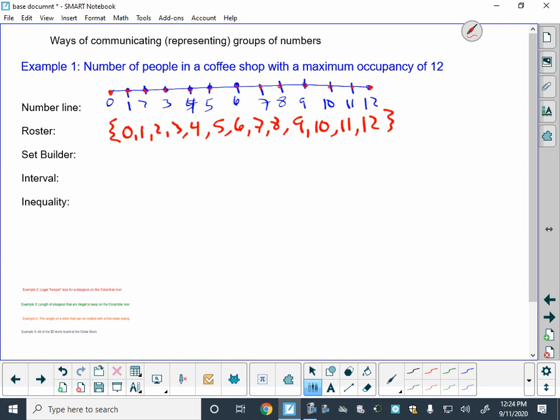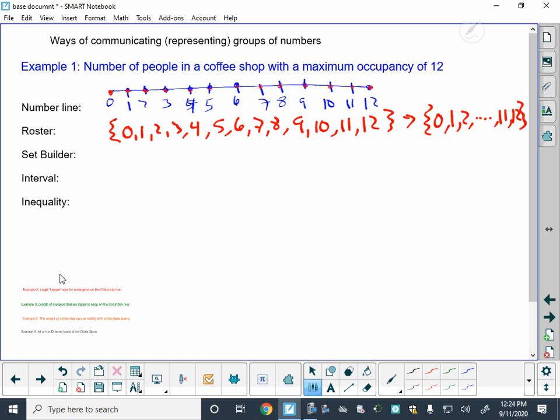Okay? And even if the integers go on and on and on, we can kind of abbreviate the pattern a little bit. We could probably also get away with this by saying it's 0, 1, 2, so on and so on until you get to 11 and 12. That would work for a roster notation as well.